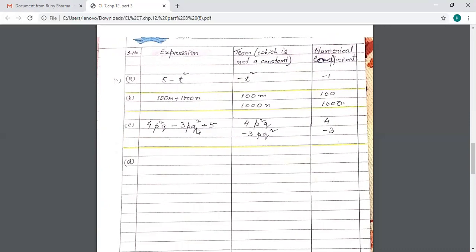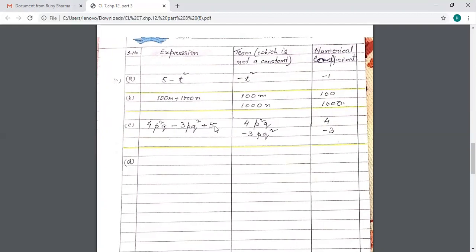1000. Now for this expression, 4p square q minus 3pq square plus 5. Always read the expression properly because the powers may look similar but they're entirely different. Here it's p square q, pq square. So the powers of the variables are different here. They are unlike terms.